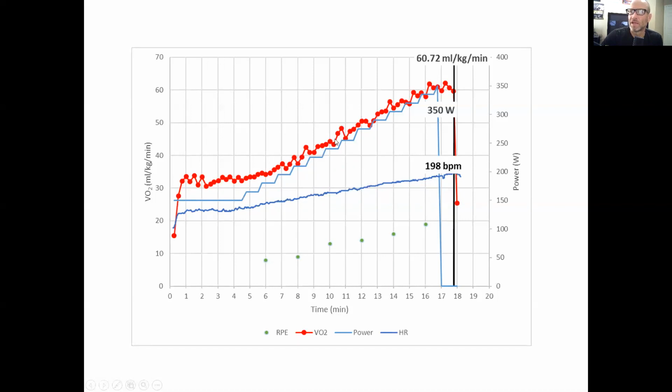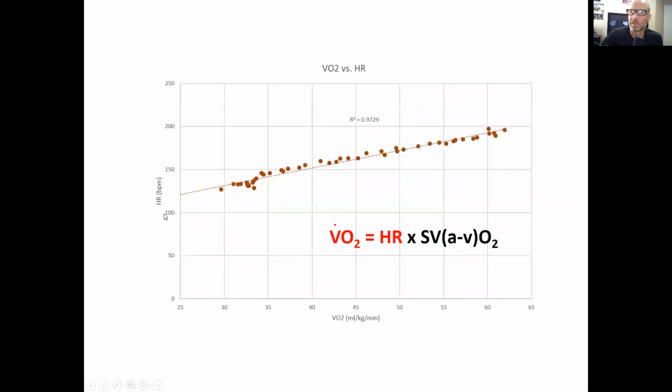Because heart rate and VO2 increase during this test, I'm going to redo this plot, and I'm going to plot VO2 versus heart rate. And that's what these data look like. So here's heart rate on the y-axis, VO2 on the x-axis, rate of oxygen consumption, and these are the same data points as in the previous plot, just heart rate versus VO2.